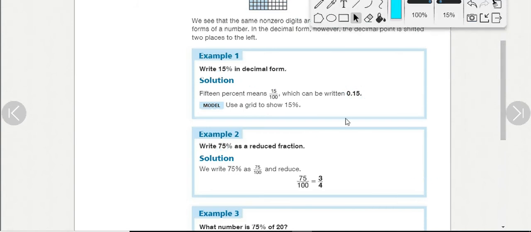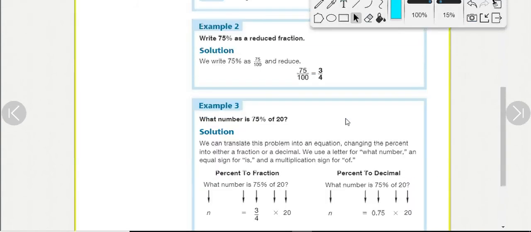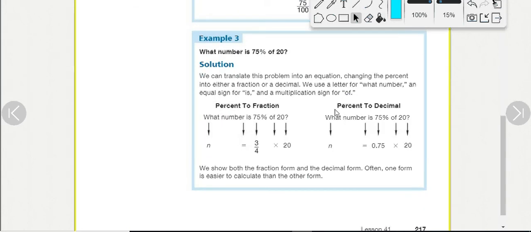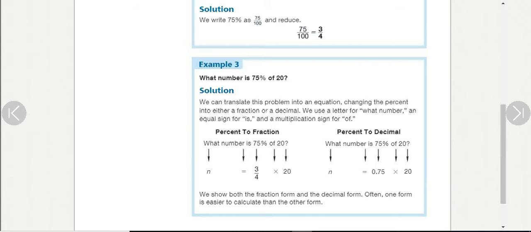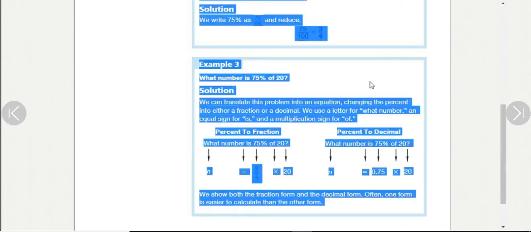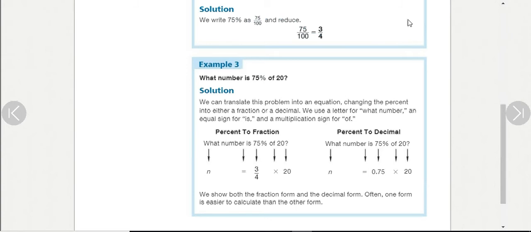Okay, almost there. What number is 75% of 20? Thinking of it in equation form with an equal sign, right? We need a number to be less than 20, about 3/4 of it.